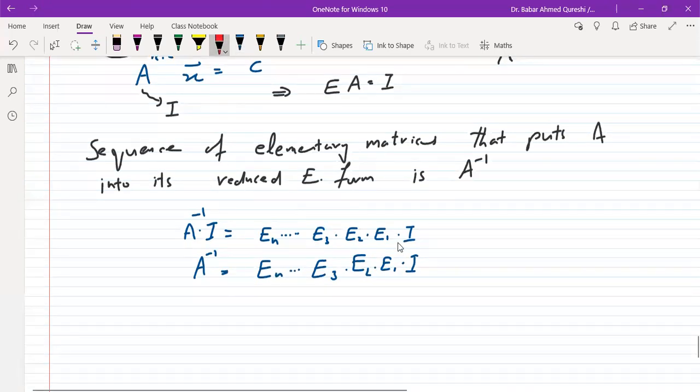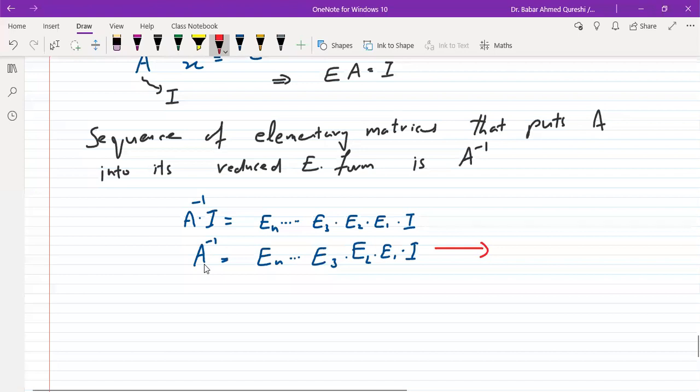Now if you think of this equation, what is it doing? It's performing the row operations on identity. The same row operations which you performed on A to get the identity. If you perform the same row operations on identity, you will get the inverse of A in the same sequence.